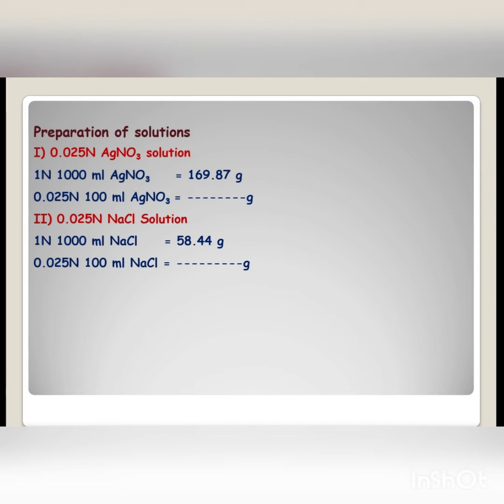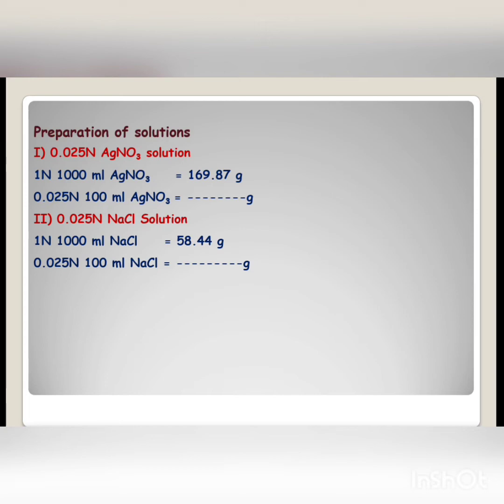And the chemicals required, first of all the important chemical, that is your wastewater sample, then 0.025 normal silver nitrate, then 0.025 normal sodium chloride solution, and 5% potassium chromate indicator.